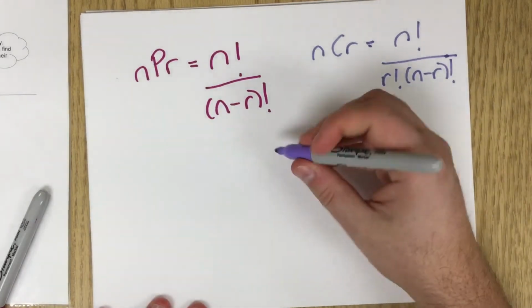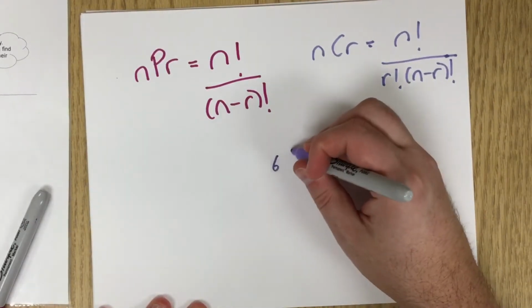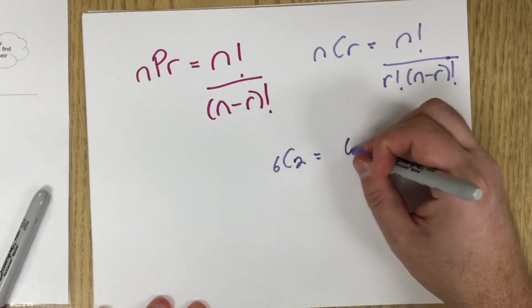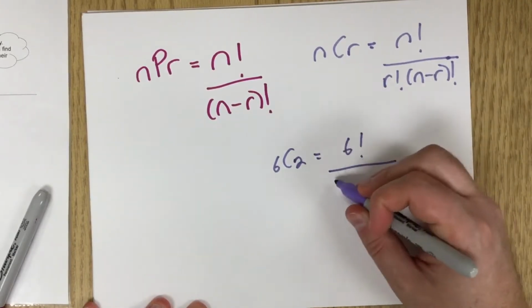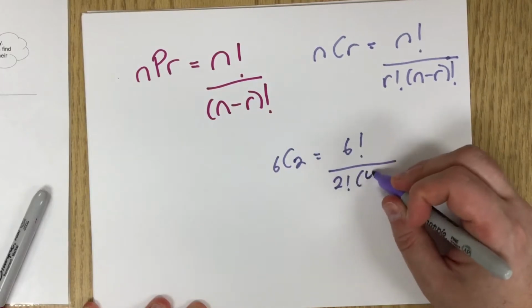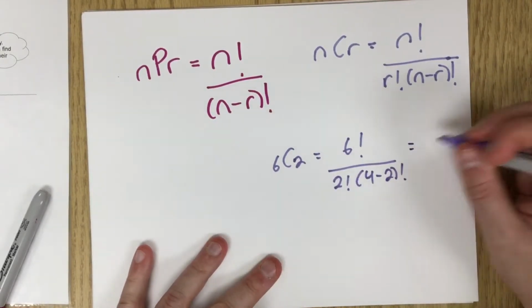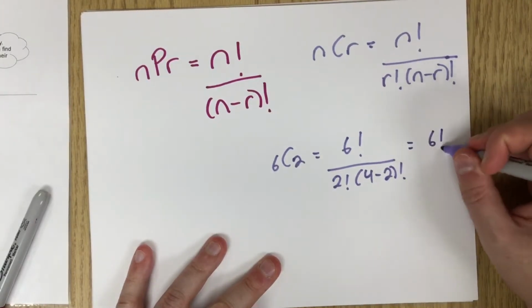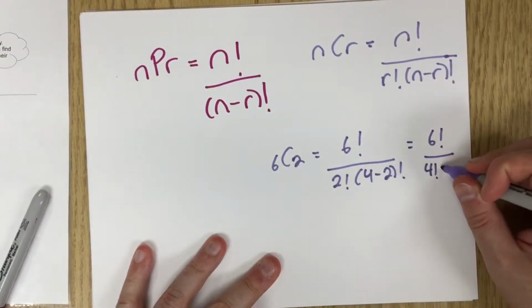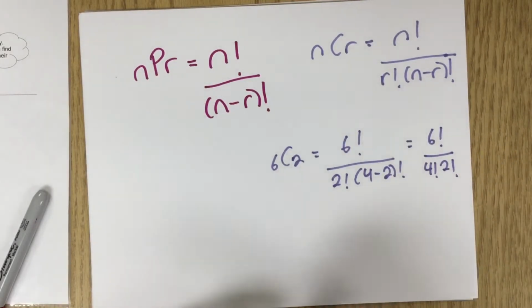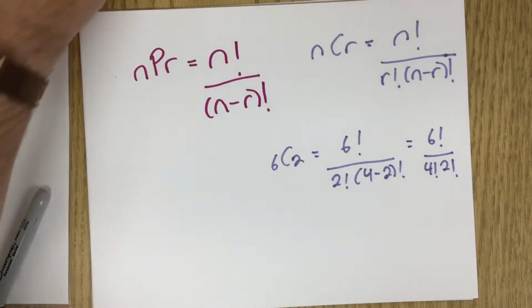For example, if we had 6 choose 2, that would be 6 factorial over 2 factorial times 4 factorial, which would be 6 factorial over 4 factorial, 2 factorial. So make sure you can find it on your calculator.